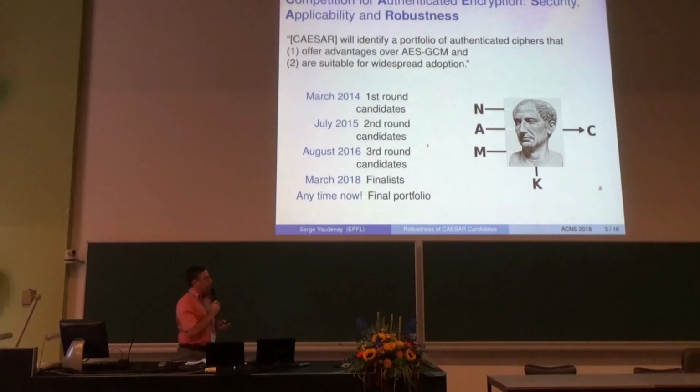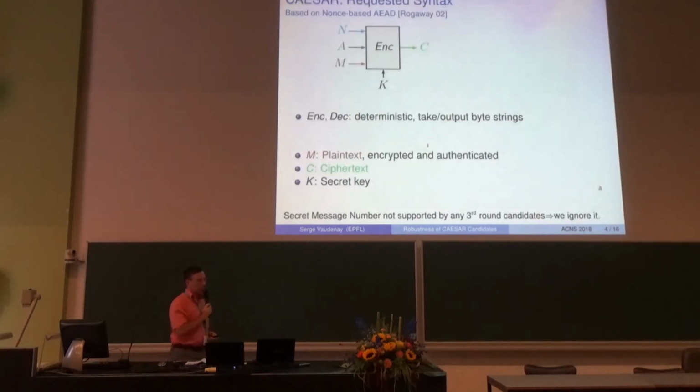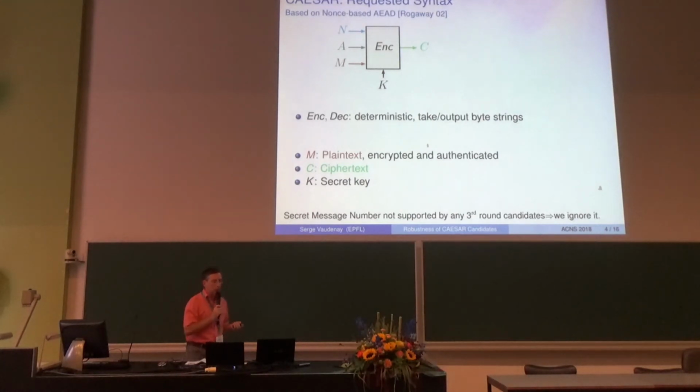In authenticated encryption, you have a primitive with some inputs and some outputs. I will show more detail about this. We have an encryption algorithm. The encryption algorithm takes a nonce, which is a number which normally doesn't repeat. We have nonce n, some associated data a, a plaintext m, and a secret key k, and we produce a ciphertext.